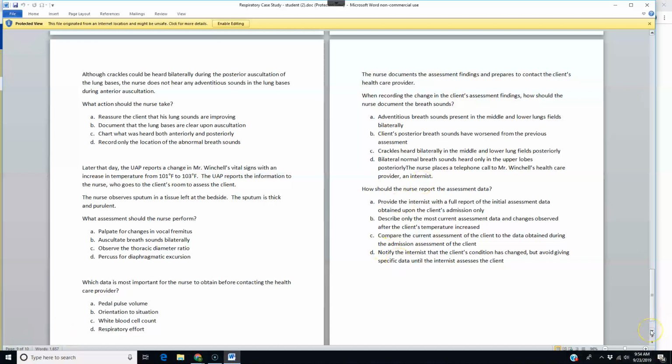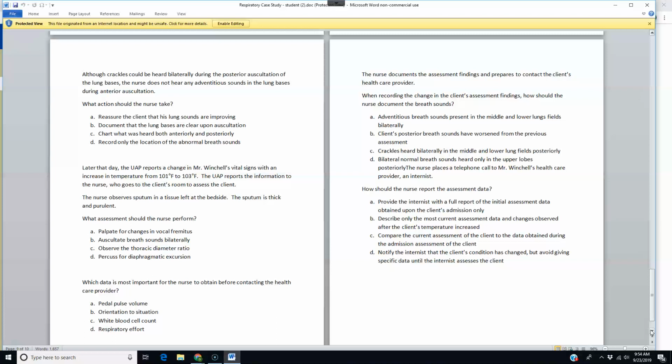Okay, the nurse documents the assessment findings and prepares to contact the client's healthcare provider. So when recording the changes in the patient's assessment findings, how should the nurse document the breath sounds? Of course, she would document that crackles were heard bilaterally in the middle and lower lobes posteriorly. So now the fluid is really advancing upward.